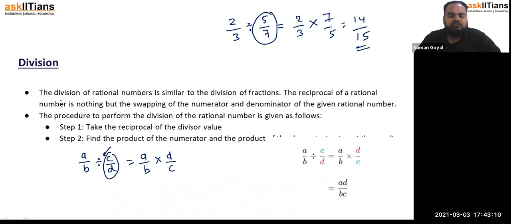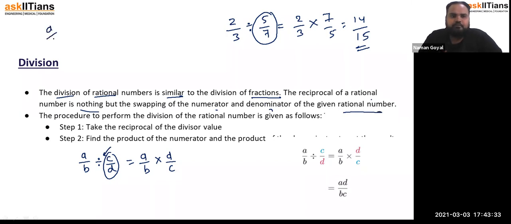Got it? Now read the statement of this operation. The division of a rational number is similar to the division of fractions. The reciprocal of a rational number is nothing but swapping the denominator and numerator of the given rational number.